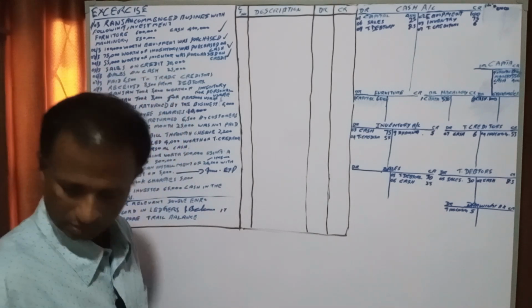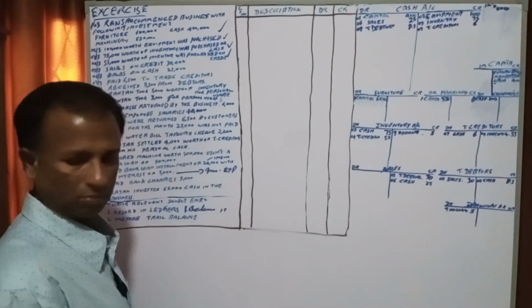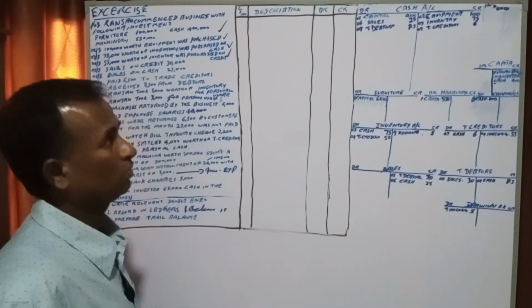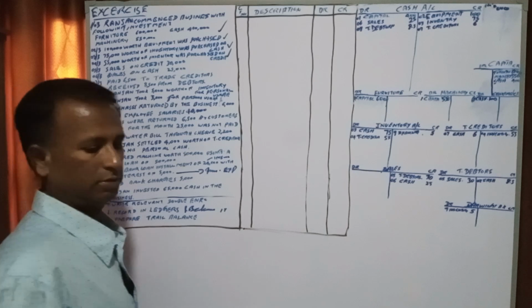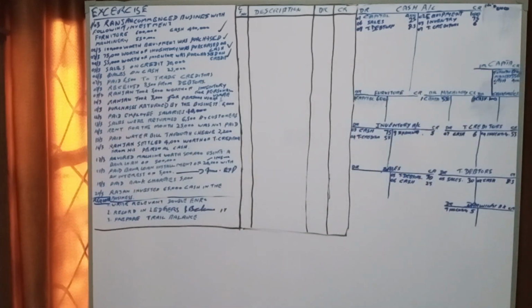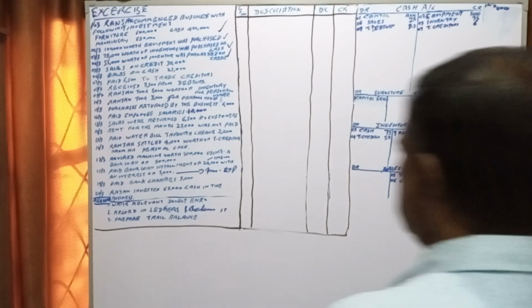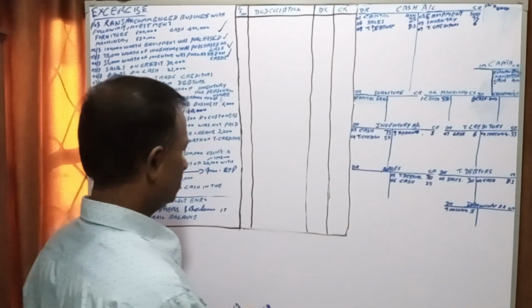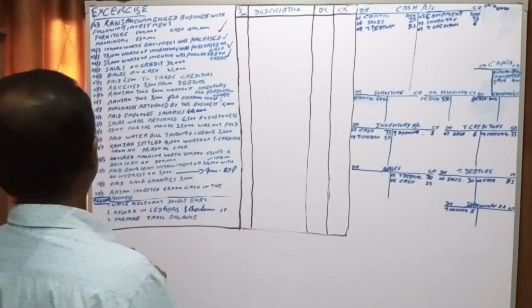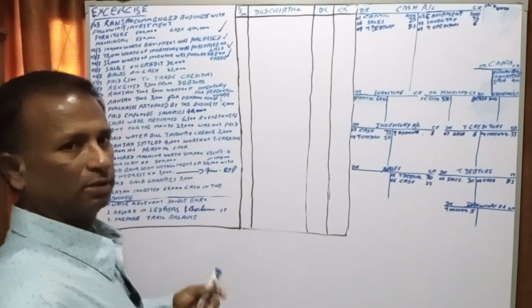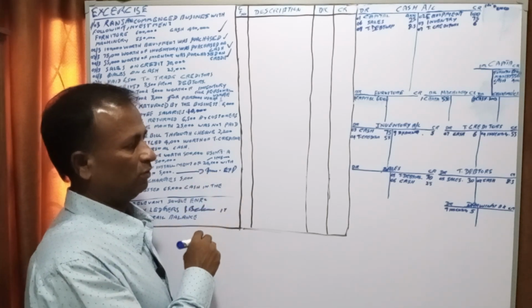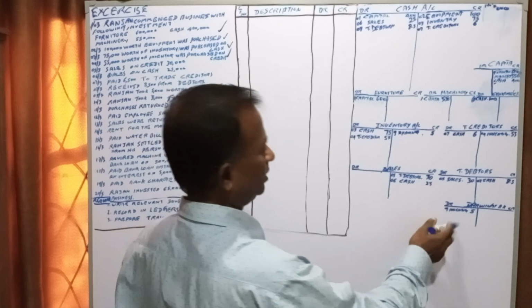So the double entry for the 9th transaction is completed.